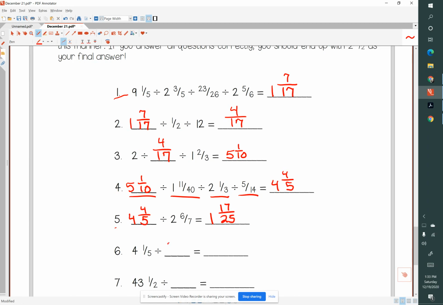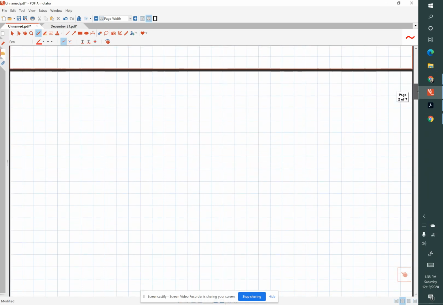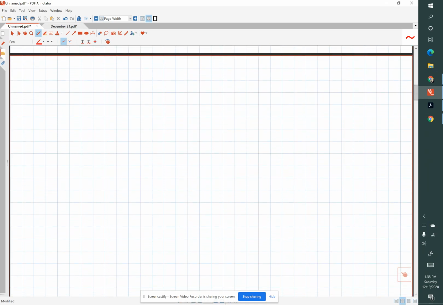And let's put that for number 6. Okay, so 4 and 1/5 divided by 1 and 17 25ths. Let's get some more room to write. So number 6, 4 and 1/5 divided by 1 and 17 25ths.